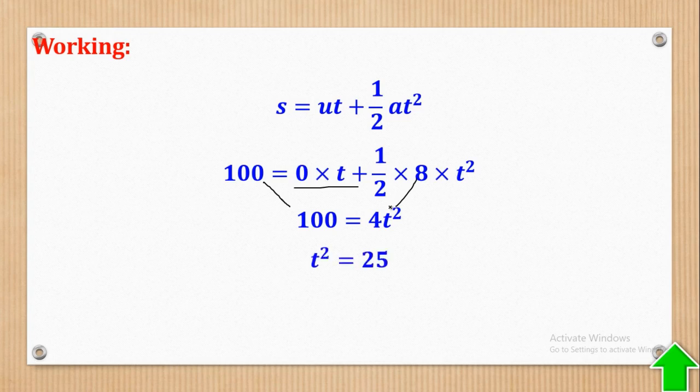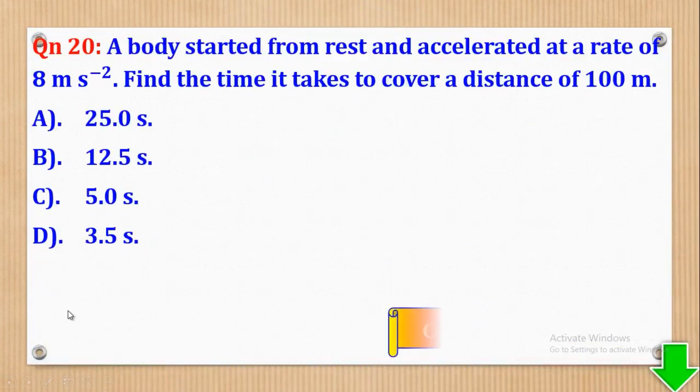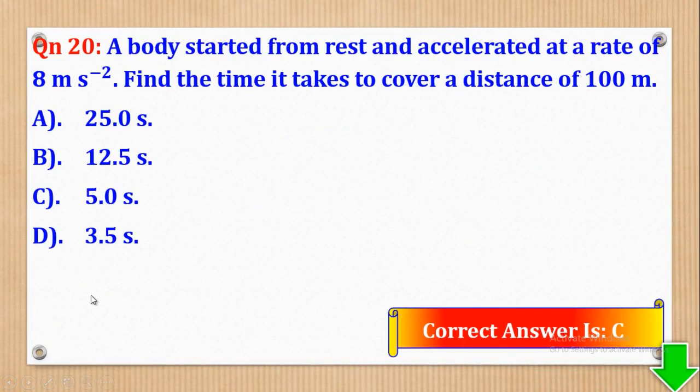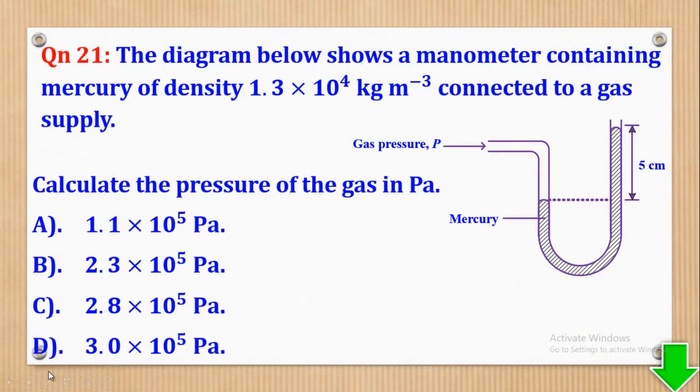Divide both sides by 4 to come up with t squared equal to 25. Put square root on both sides to come up with t equal to 5 seconds. So we shall look for the option which has 5 seconds, and that is option C. So that was question 20.